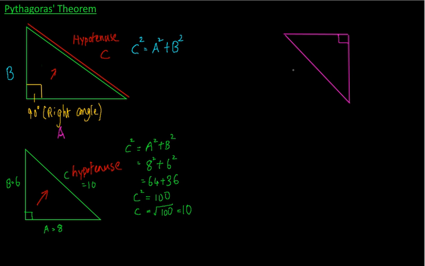Now this side C is equal to 5 and this side B is equal to 4. Now I have to find the missing side, which is A. So my first objective is to find which side is the hypotenuse here. So the side that is opposite to the right angle, so this C is my hypotenuse here.